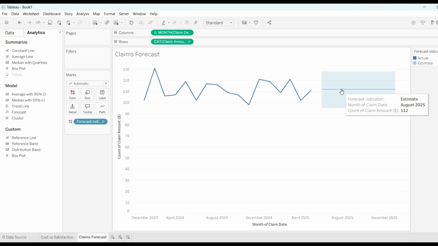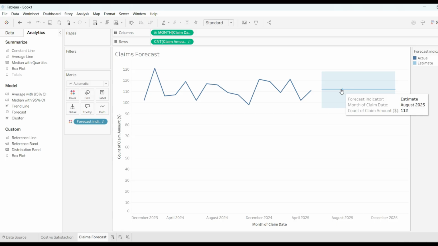It's also called our prediction interval. It represents a range of values that Tableau thinks are plausible. So the wider the band, the less certain the forecast. If the band is narrow, the model is confident. If it fans out dramatically, the model is saying, I'm guessing. Again, you decide based on what you see there.